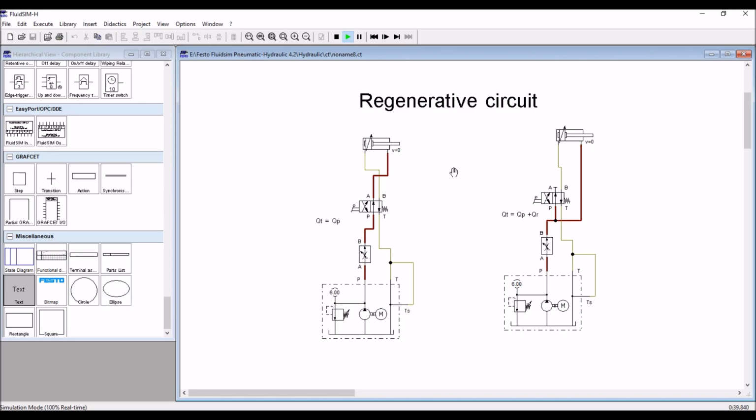So you can see after this fluid sim demonstration, there is a lab video. That means we have taken 3 trials for the normal circuit.